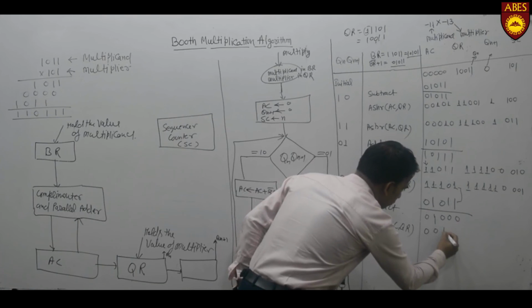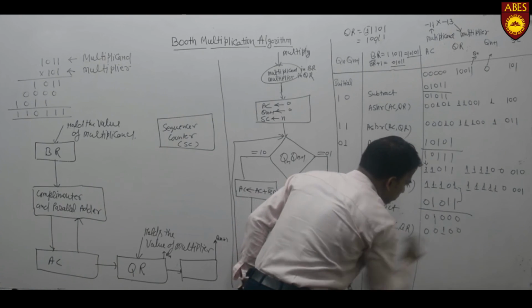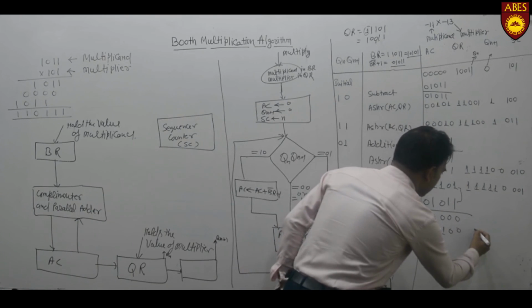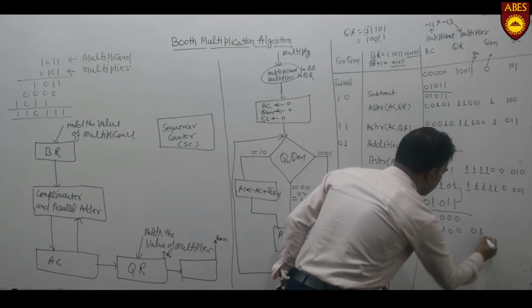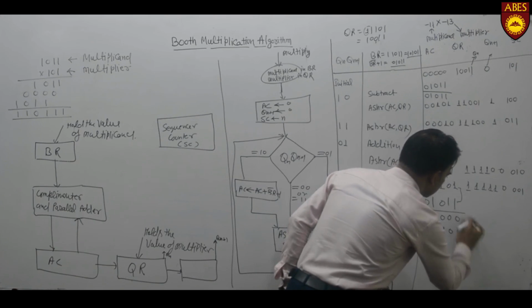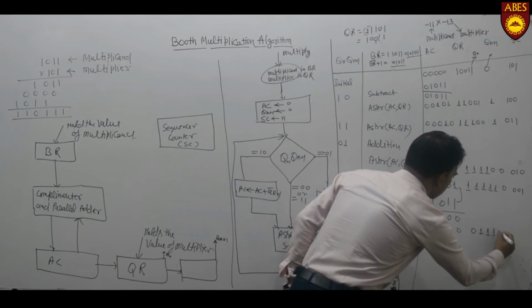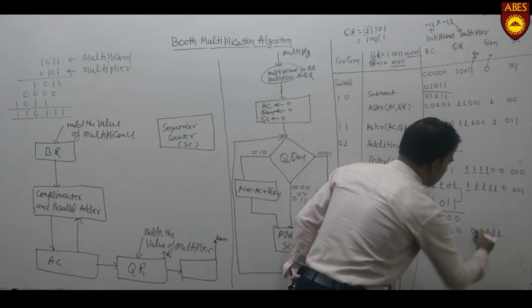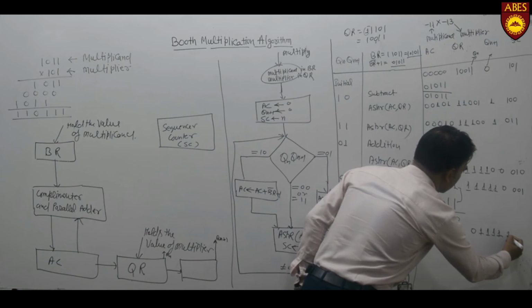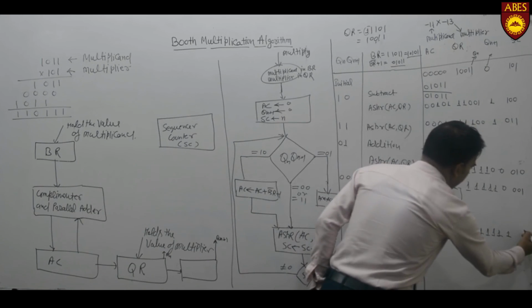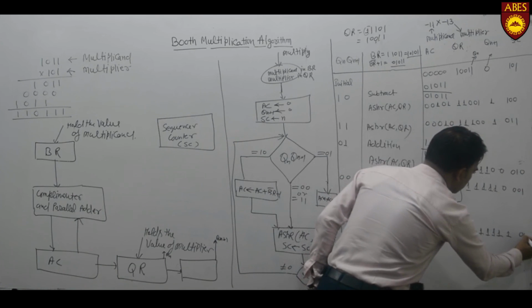Shift this 1, 0, 0 and 0, 1, 0, 1, 1, 1, 1, and this will be value 1, and the value of the sequence counter is 0, 0, 0.